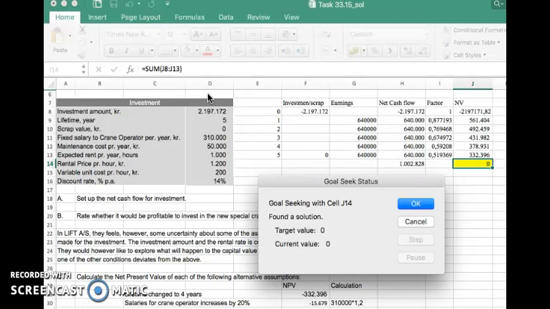Now it's the investment that changes, and the investment could change all the way up to 2,197,172 for the net present value, and for the investment still to be profitable at the current discount rate of 14%. In an exam situation, it's okay to write down the scenarios and copy paste the goal seeking pictures. So put the goal seeking scenarios in your exam task.